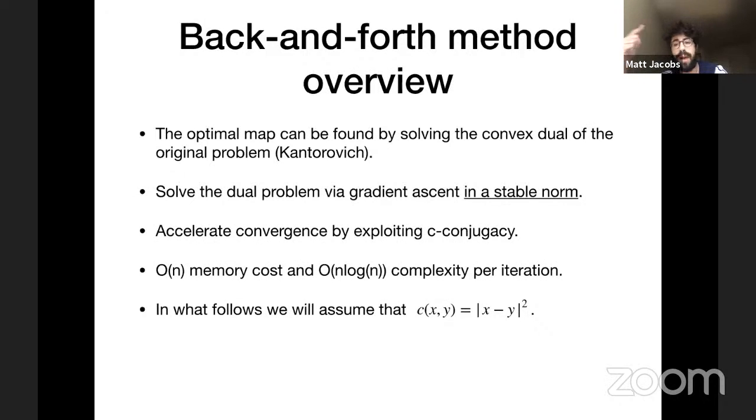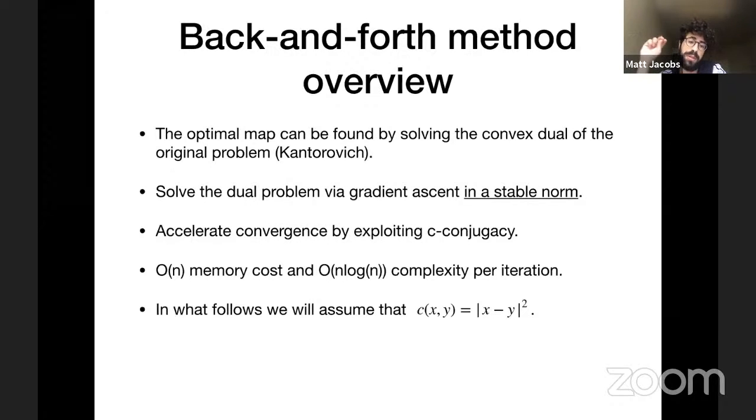And so when you have this stability guarantee, you know that you are improving the value of the problem in every step. You know that your convergence rate will be independent of your problem size.